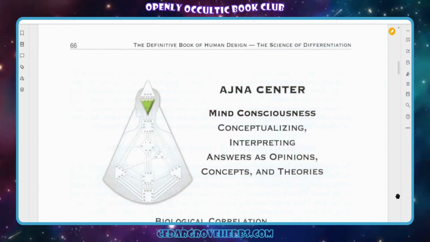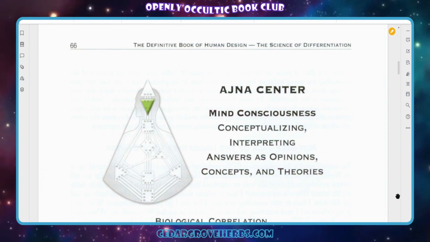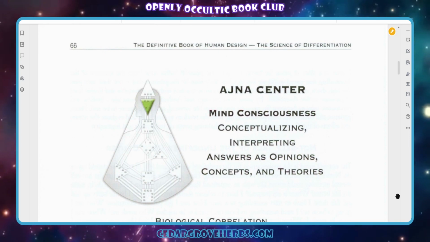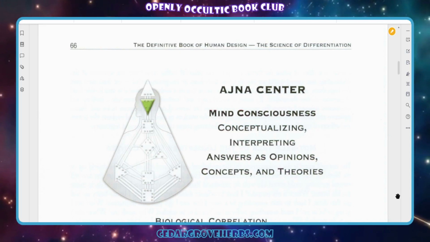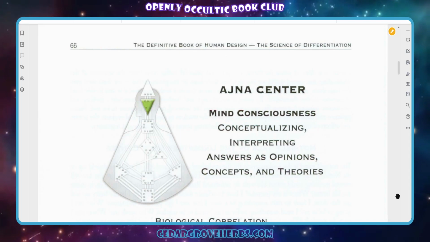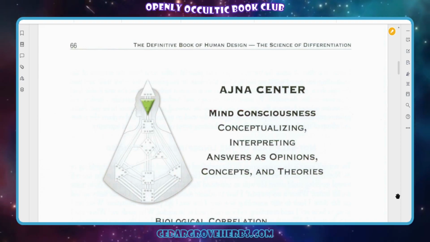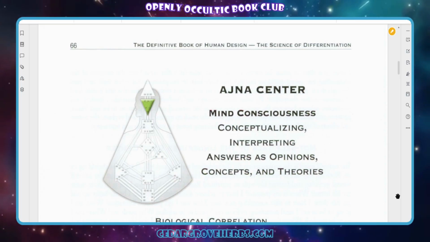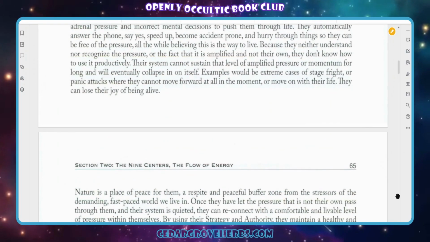Well, family, we're going to pause here because there's 9 centers and we've read 3 now. We'll pick back up on the Ajna Center when we come back. So far we did the head center. I believe we did the... which one was it? Let me go back. I'll just scroll back.